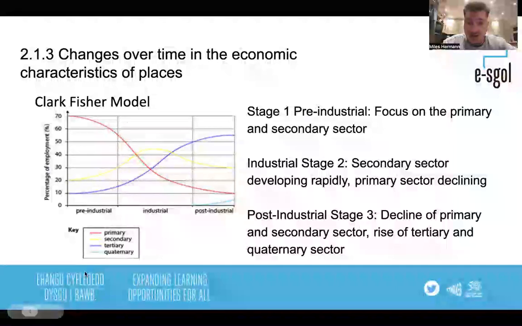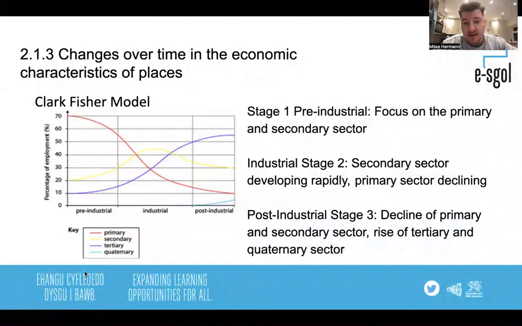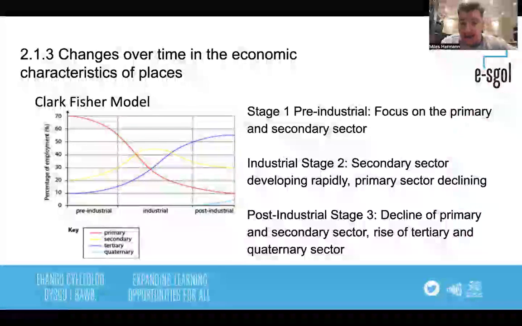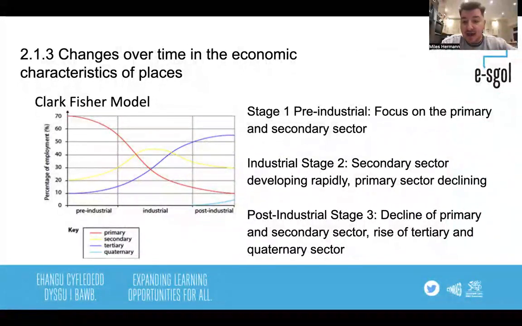In the industrial stage of the model, we can see that the tertiary sector is starting to emerge, and the secondary sector is still increasing quite rapidly, and then sort of matures in the middle. And we can see a slight decline then in the primary sector.